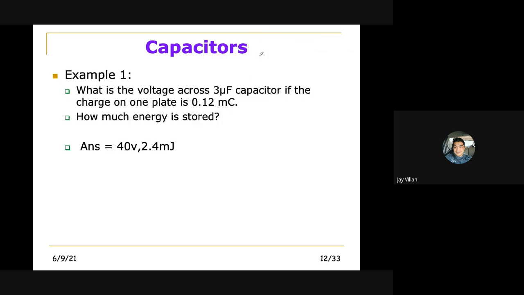Here, what is the voltage across a 3 microfarad capacitor if the charge on one plate is equal to 0.12 microcoulomb? Q is equal to C times V. Therefore voltage is equal to Q over C. So that is 0.12 times 10 to the negative 3.